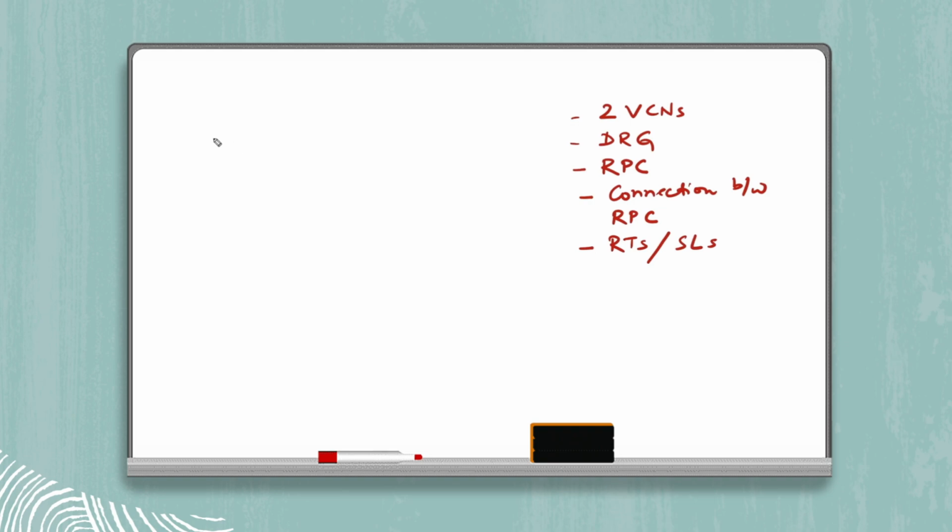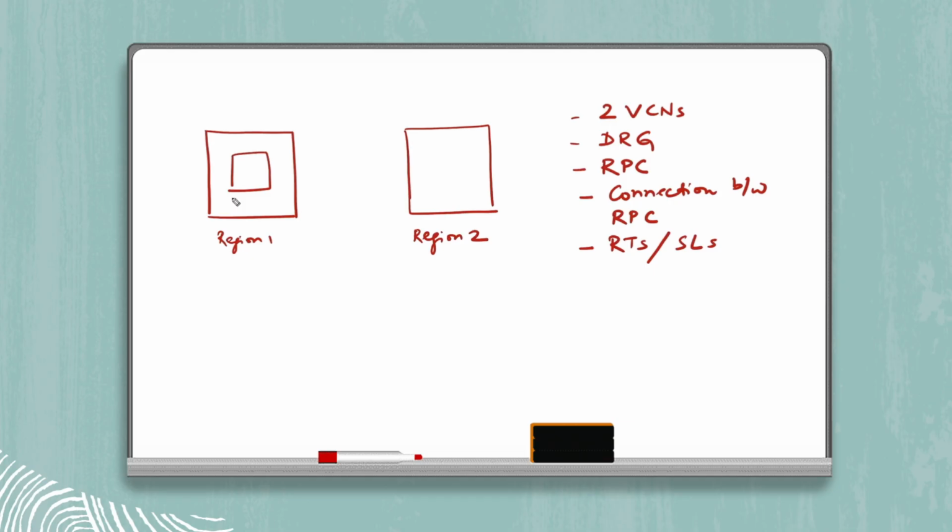So if I were to draw a very quick architecture, let's say this is region 1, this is region 2. So there is a VCN A and there is a VCN B. So you create a dynamic routing gateway on both sides of the connection. So you typically require two dynamic routing gateways here.